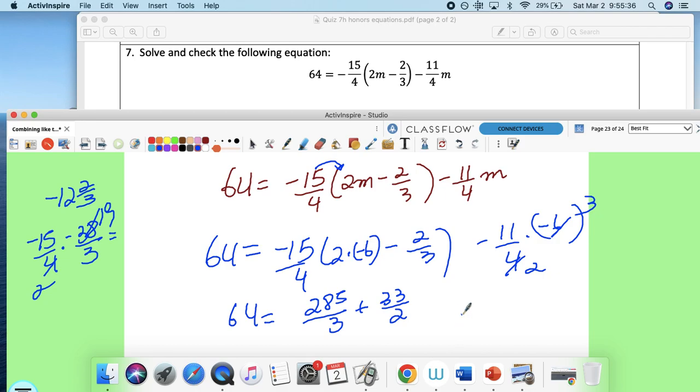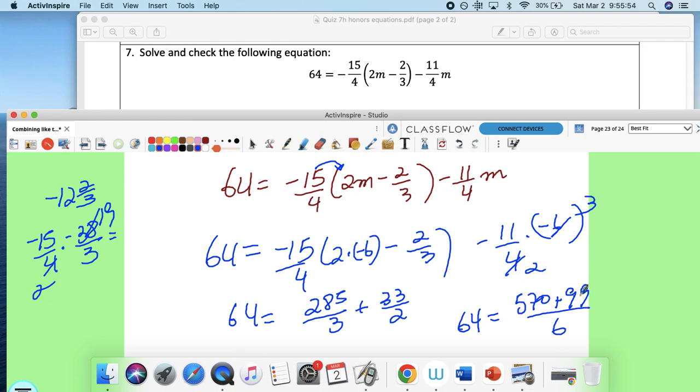God, I hope this is right. 64 equals, and then let's choose a common denominator, which in this case is going to be 6. This is going to be 99, and this is going to be 285 times 2. It's going to be 570.